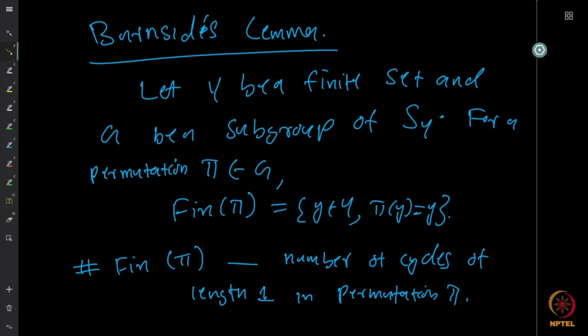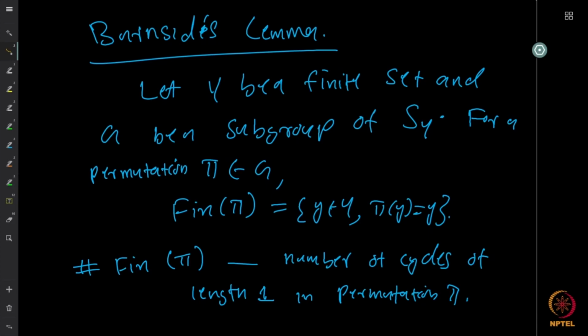For example, the identity permutation does not change any element. Similarly, we have 1 going to itself, 2 going to itself, 3 and 4 interchanged in the dihedral group that we looked at. That is another permutation where 1 and 2 are fixed, right? So given a permutation, we can see the set of all elements that are fixed by this permutation. That is the fix of pi.